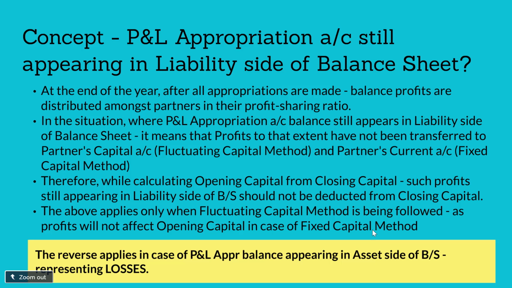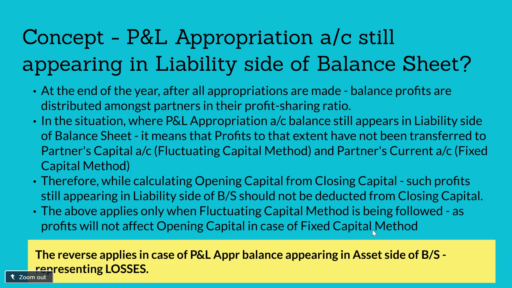In the case of the fluctuating capital method, the journal entry passed would be profit and loss appropriation account debit to partner's capital account, and where the fixed capital method is being followed, the journal entry would be P&L appropriation account debit to partner's current account.